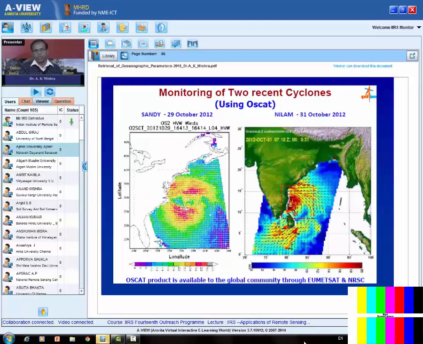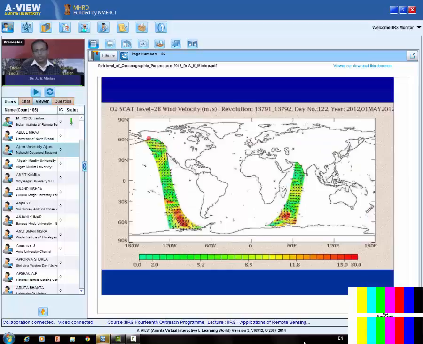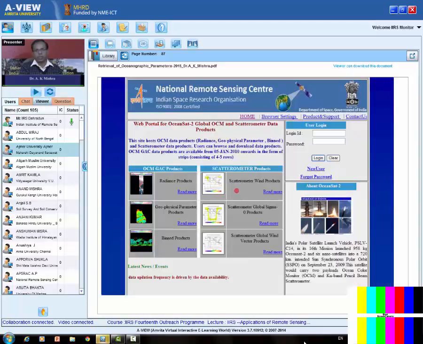This is the wind speed and wind vector over the ocean derived from OceanSat data. This wind speed and wind vector data is available on the website of the National Remote Sensing Centre, Hyderabad. You can register yourself and download the data for further analysis.